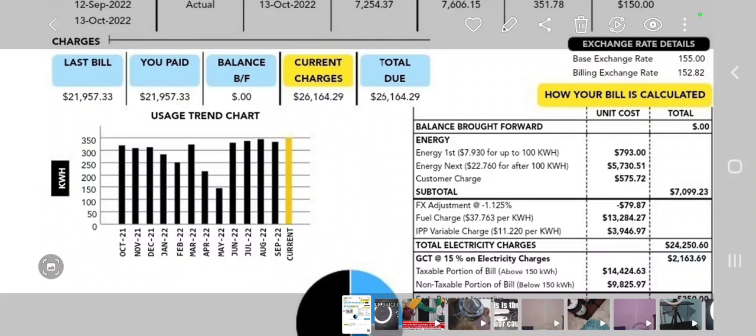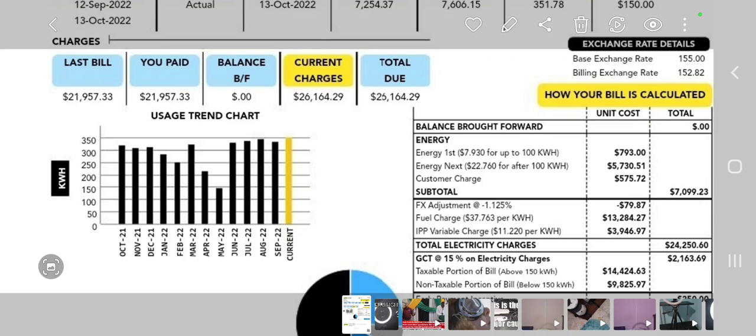From here you can see if your usage is increasing, decreasing, or constant. If you notice from this one here, it has been relatively constant for the past 5 months, right? The usage. You can also use this graphical representation to see if your usage is actually increasing or decreasing, or if something else is causing your bill to increase or decrease.